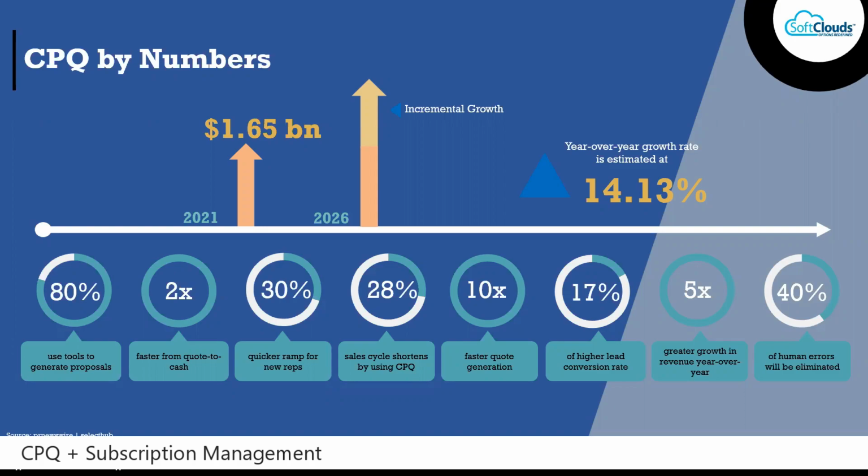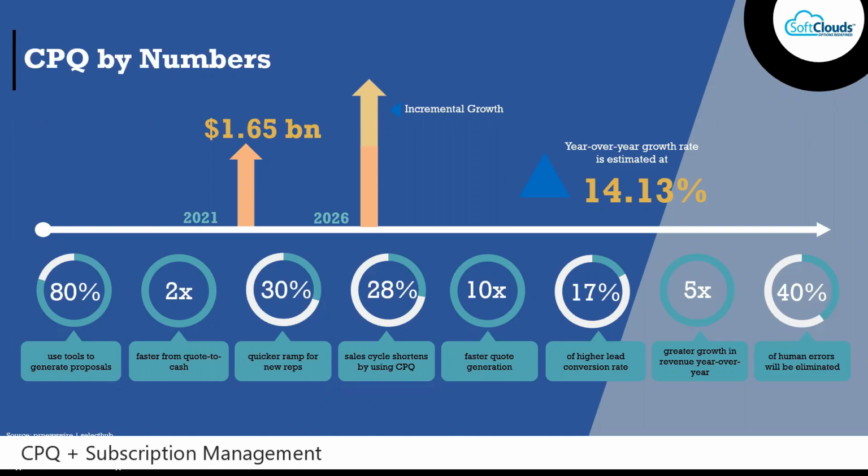We see this all the time when we talk to companies about implementing a CPQ solution: very often their current mechanism of providing quotes is very slow. It's a very arduous process. Sometimes it takes back and forth between a number of different teams to create the quote.